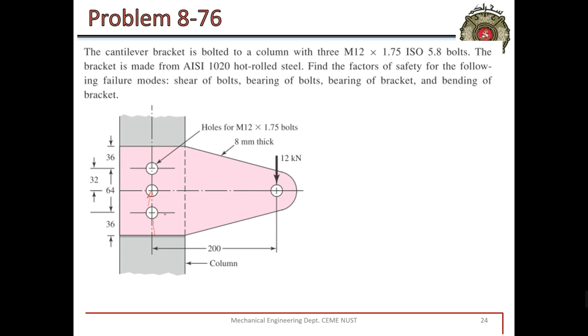So on each bolt we have a downward 4 kilonewton force, because we are not calculating the reaction, we are calculating only the action on the bolt. Similarly, this 12 kilonewton multiplied by 200 gives us a bending moment of 12 into 200, or 2.4 kilonewton meter.